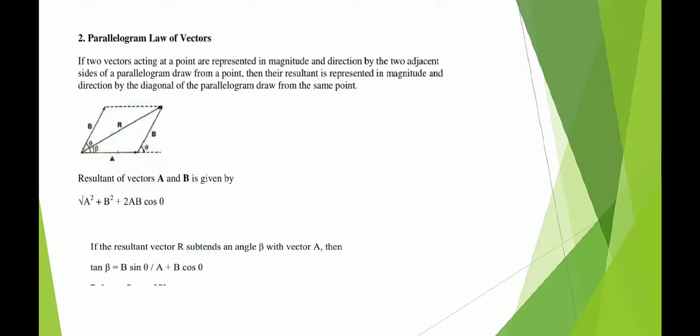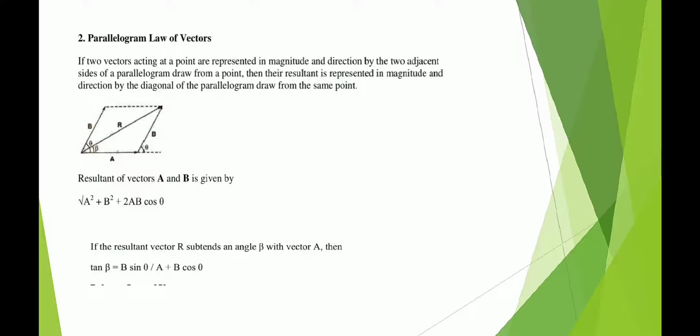Second one, parallelogram law of vector addition. If two vectors acting at a point are represented in magnitude and direction by the two adjacent sides of a parallelogram drawn from a point, then their resultant is represented in magnitude and direction by the diagonal of the parallelogram drawn from the same point.